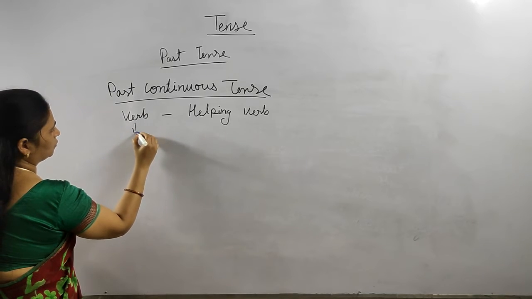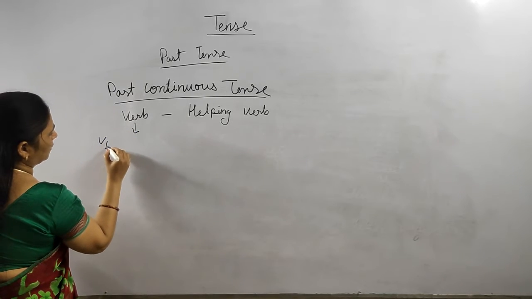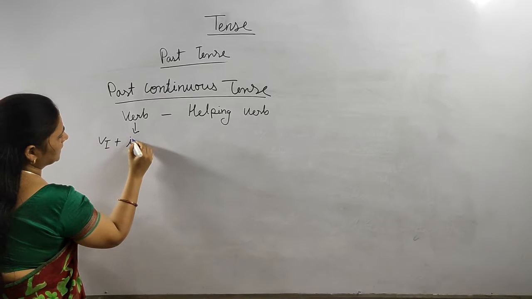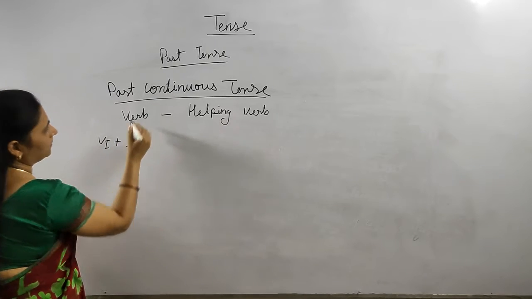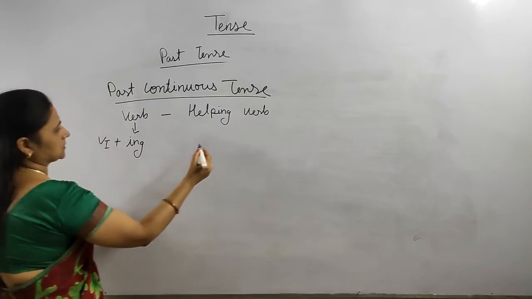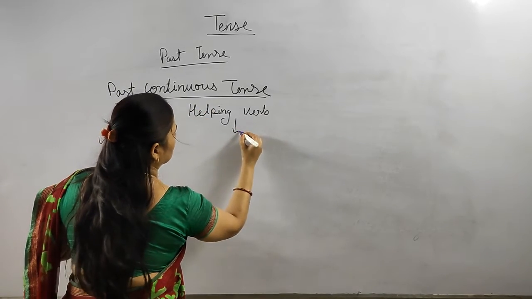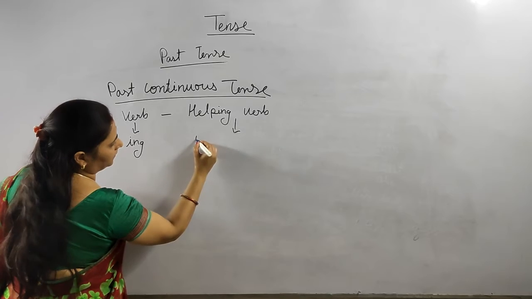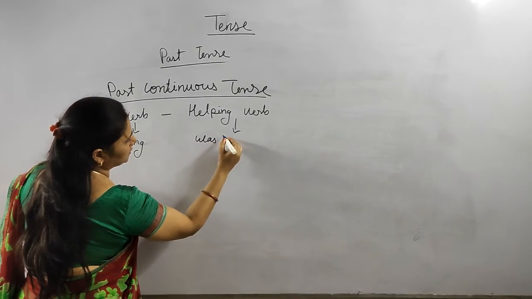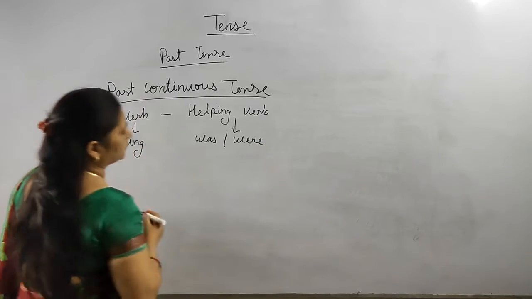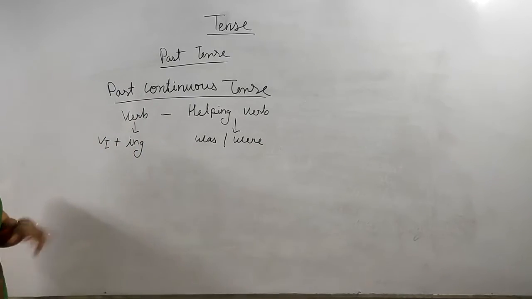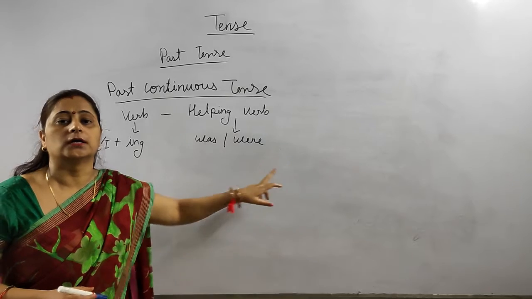For the verb, we will use the first form of the verb plus the ing form in this tense, past continuous tense. Now look at the helping verb. Was and were helping verbs we will use according to the singular and plural subject.